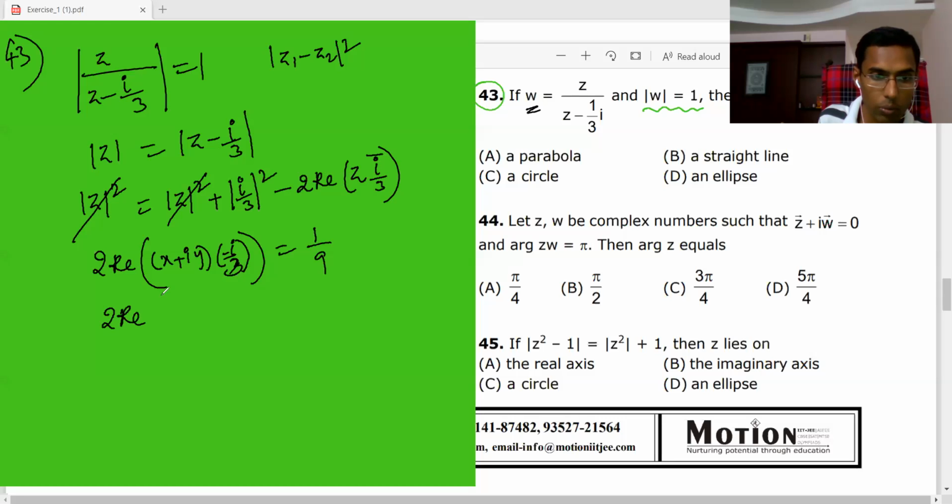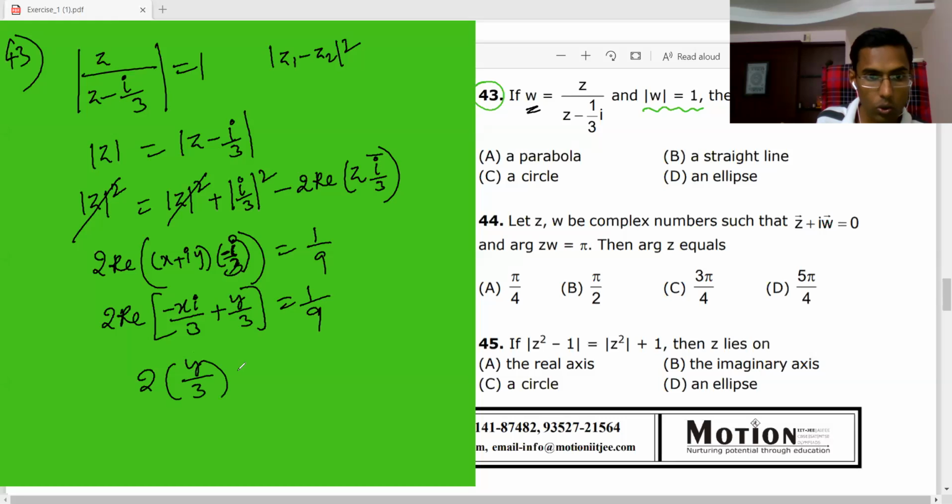Here minus xi by 3, here i into i square. Minus i into i is plus 1. This y by 3 equal to 1 by 9. This 3 cancels. Y equal to 1 by 6.